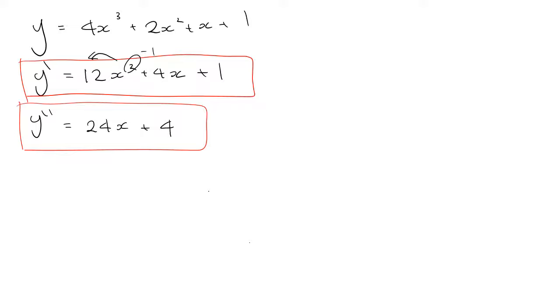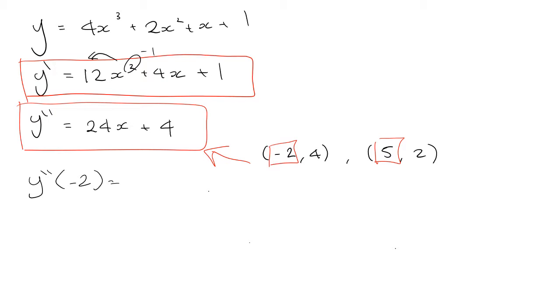And let's say we had a stationary point at (-2, 4) and at (5, 2). What we need to do is substitute the x values into the second gradient function. So if we find y dash dash of -2, that becomes -48 plus 4, which is -44.